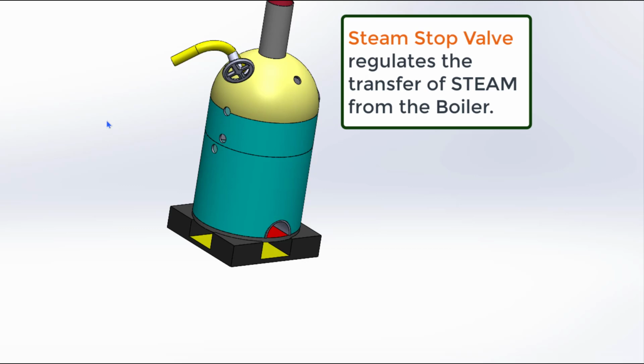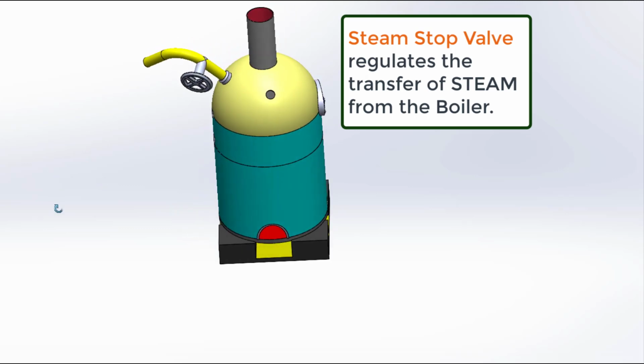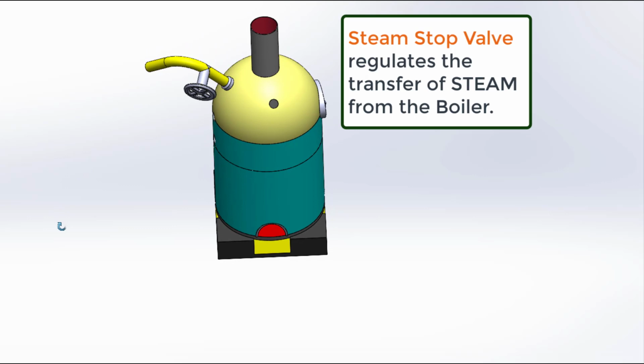When the steam is required in the engine or turbine, then this stop valve is open, and when it is not required, then the stop valve is closed. So what is the function of a steam stop valve? It regulates the flow of steam from the steam drum to the required place.